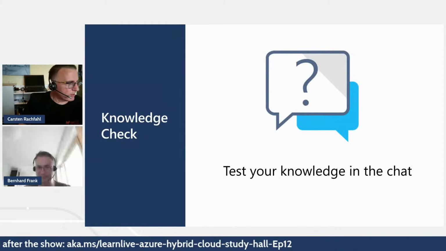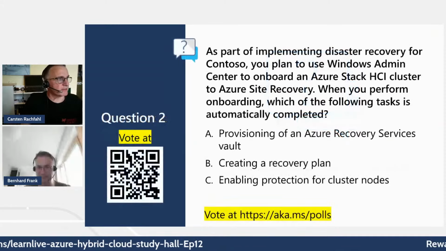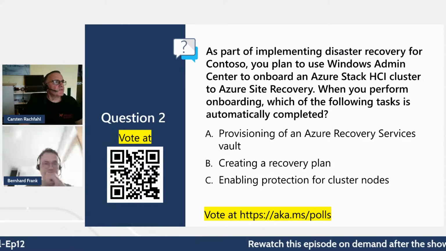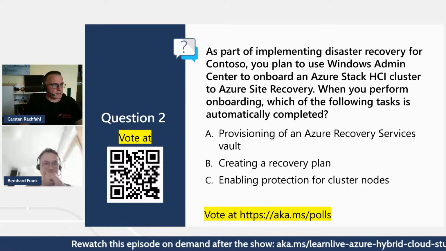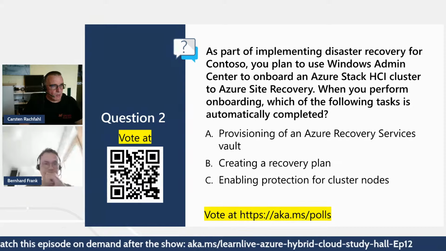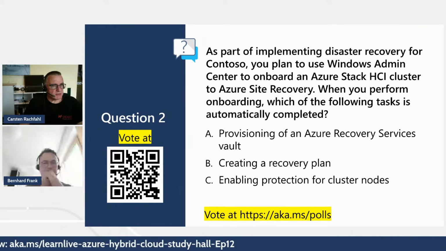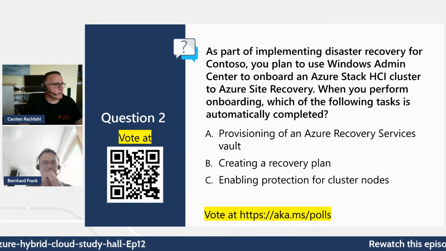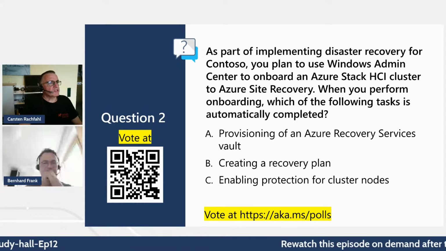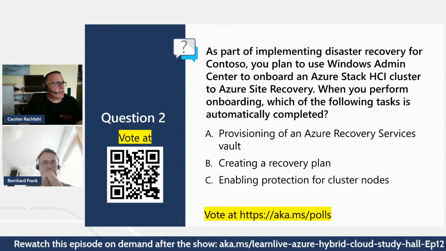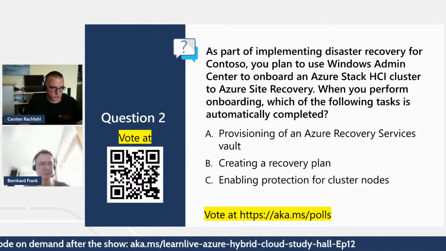We are now doing another knowledge check. As part of implementing disaster recovery for Contoso, you plan to use Windows Admin Center to onboard an Azure Stack HCI cluster to Azure Site Recovery. When you perform onboarding, which of the following tasks is automatically completed? A, provisioning of an Azure Recovery Services Vault? B, creating a recovery plan? C, enabling protection for cluster nodes?